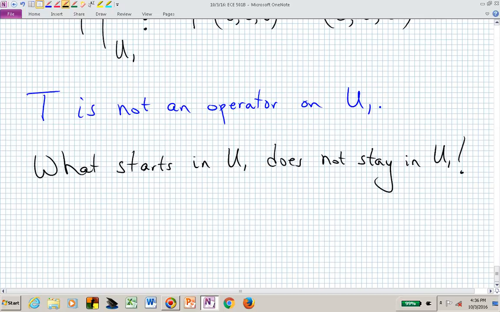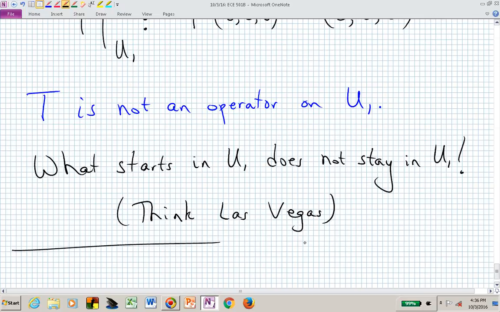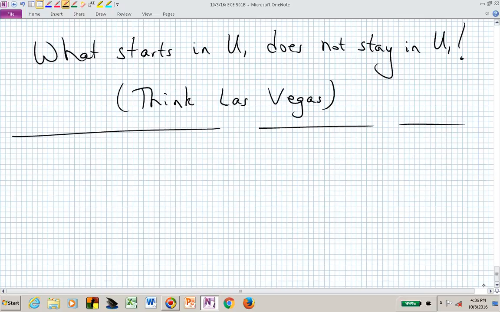Meaning here, we've started in U1 and we didn't stay in U1. So think Las Vegas, and maybe you'll remember that that operator concept does really depend on the linear map and the subspaces that you're decomposing your vector space into.